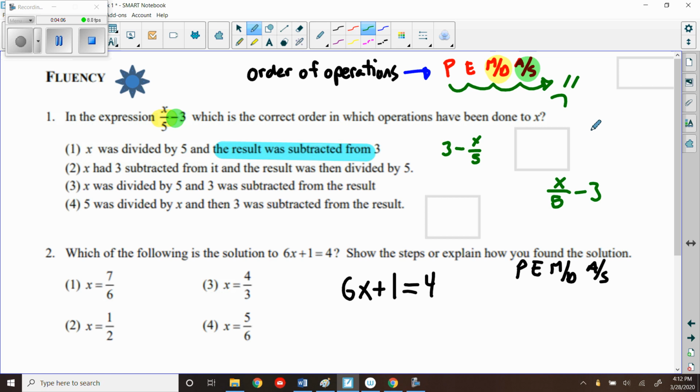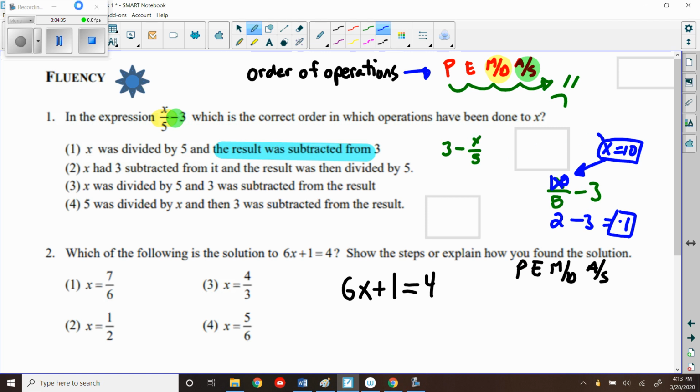For instance, even though I don't know what x is, this isn't an equation, it's an expression, I'll never know what x is, but I could substitute in x is 10. And if I substituted in x is 10, just as an example, and then I followed my order of operations, I would have 10 divided by 5, which is 2, and 2 minus 3 is -1. Now, if this were equivalent to this, I should still get a -1.